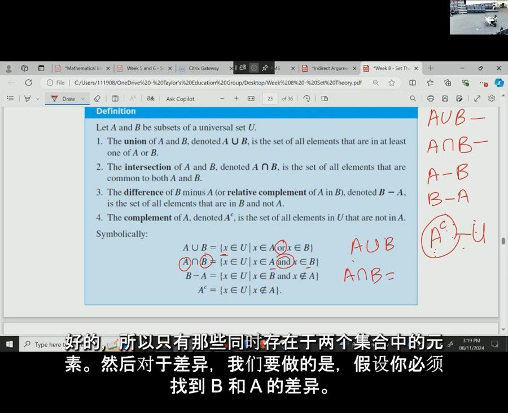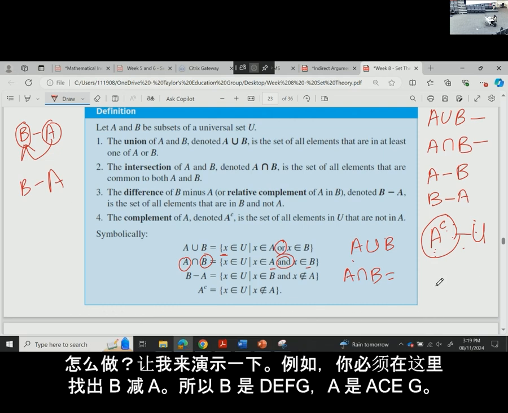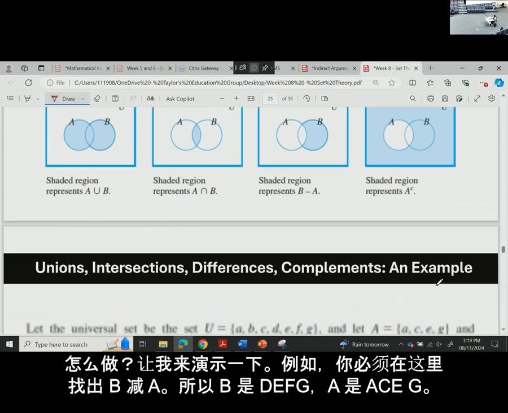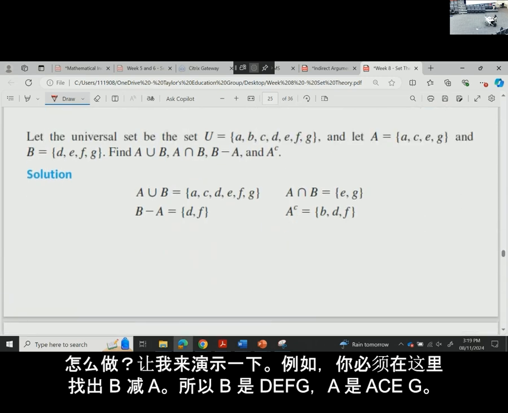Then for difference, let's say you have to find the difference of B and A. We will look at the elements of set B, and then exclude all the elements of set A that are present in set B, and whatever we are left with of set B will give you B minus A, or difference of B and A. Let me show you. For example, you have to find B minus A over here.